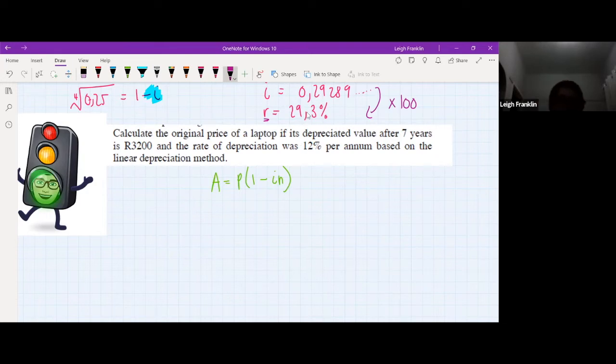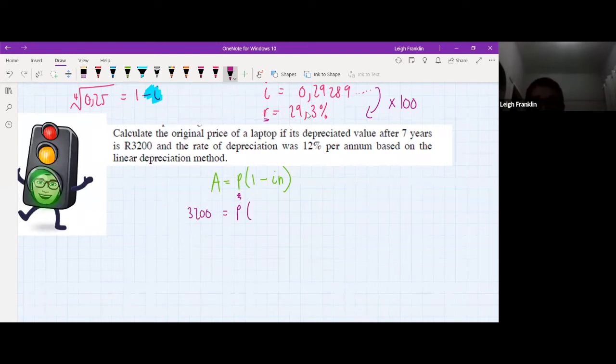Cool beans. All right, so we want to calculate the original price of the laptop. So in terms of depreciation, the original, I suppose with appreciation as well, the original price means we need to calculate the value of P. So it depreciates to 3,200 Rand.